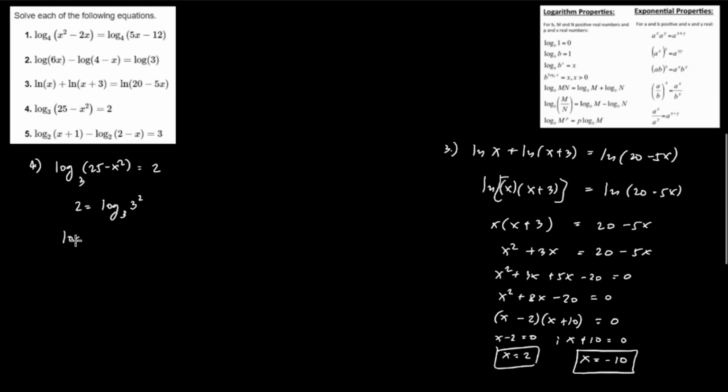So this is log of 25 minus x squared with base 3, and it is equal to log of 3 squared with base 3.